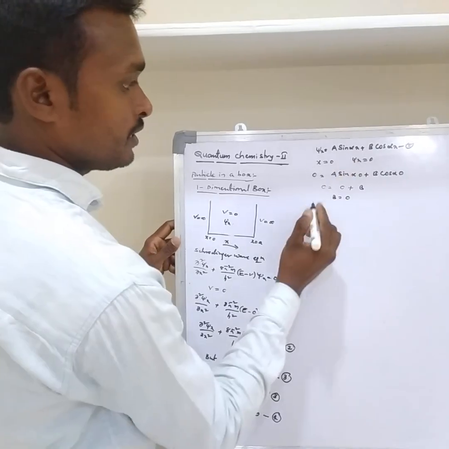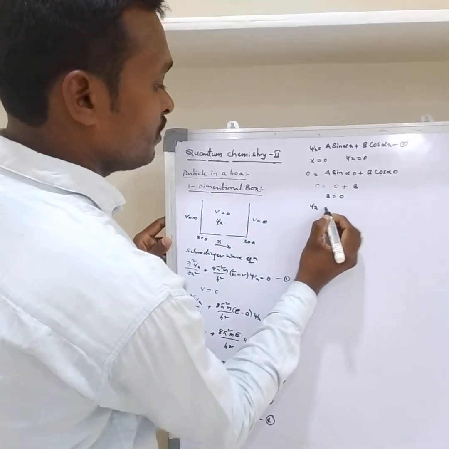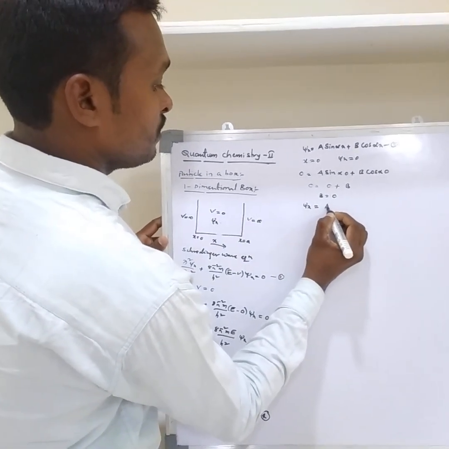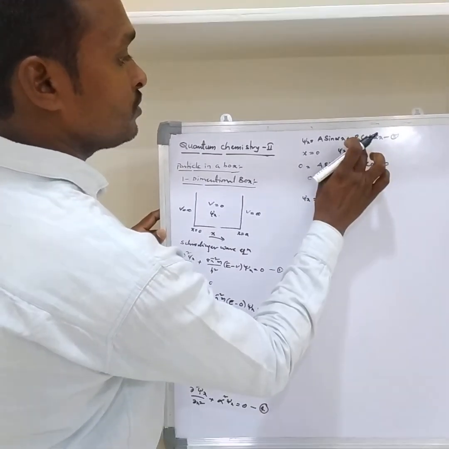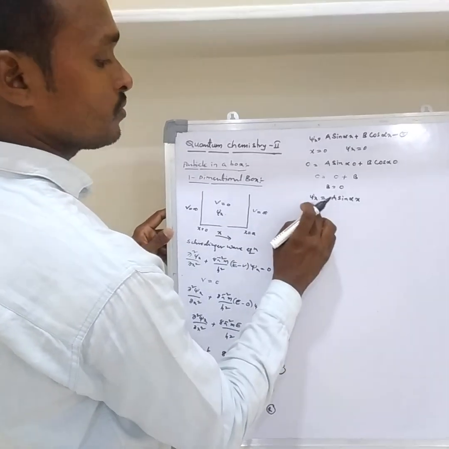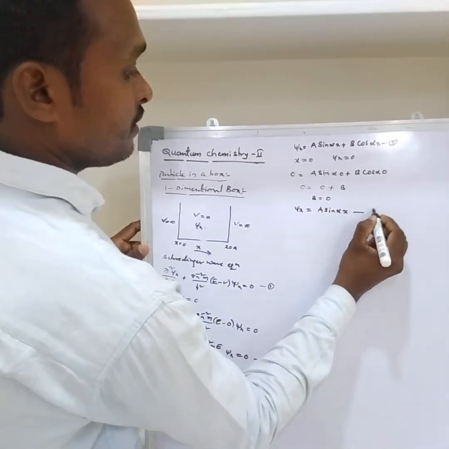Substitute B equal to 0 in equation 5. Therefore psi x will be equal to A sin alpha x, since B equal to 0 makes that whole term 0. So psi x equal to A sin alpha x. Equation number 6.